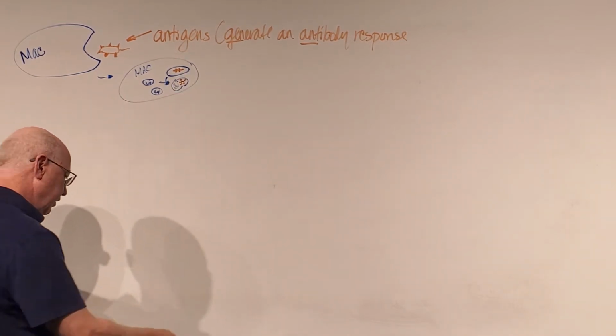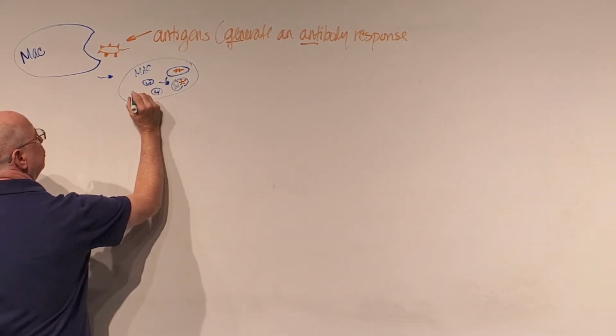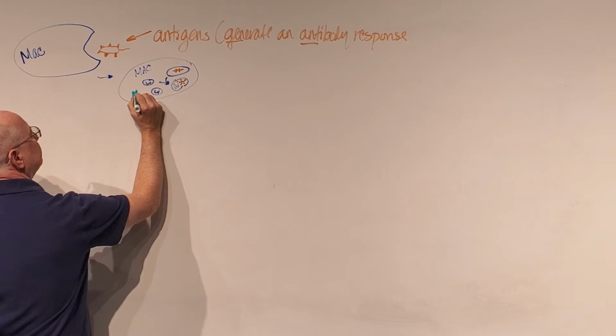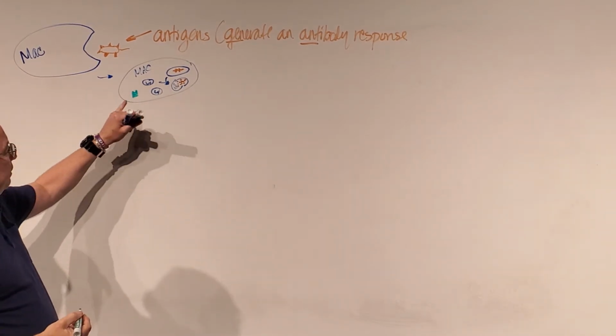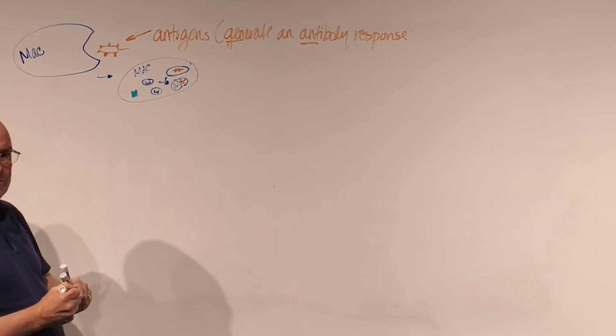Now there's another molecule inside of here called MHC molecules. I'm going to draw one here. And these MHC molecules can recognize and bind to a specific surface antigen.